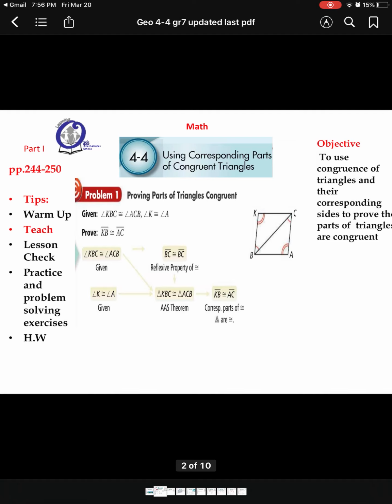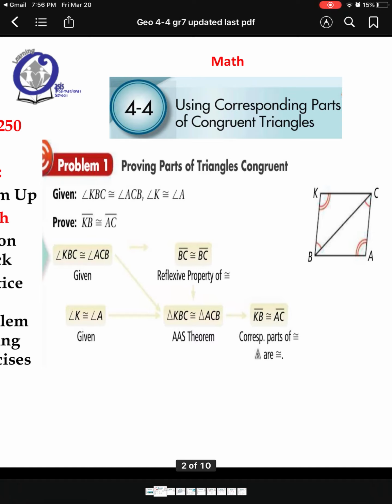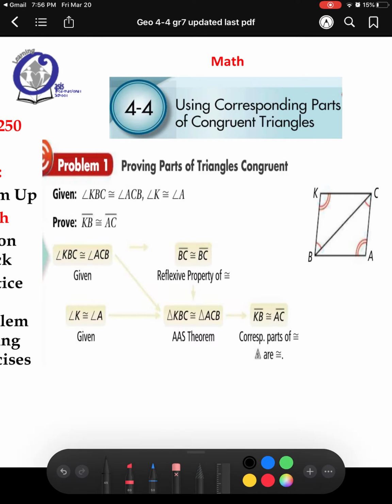We'll start with problem number 1. He's saying proving parts of triangles congruent. We will look at those triangles. The triangles are KBC and ACB. He gave me some information. I want to highlight them for you.